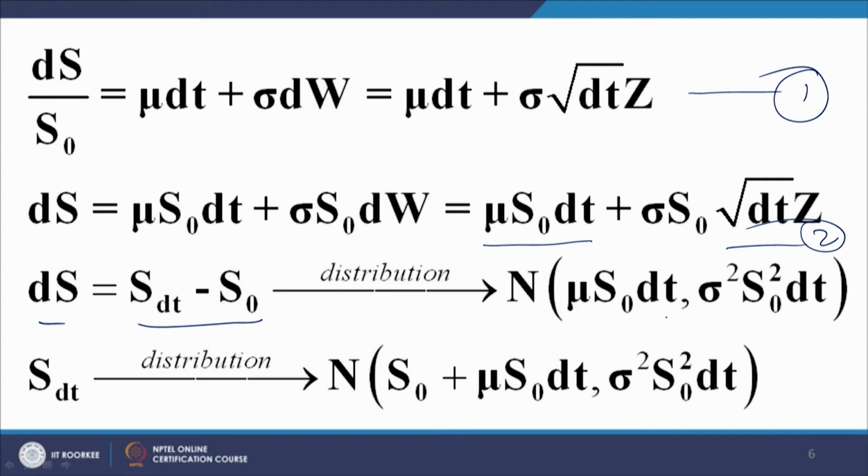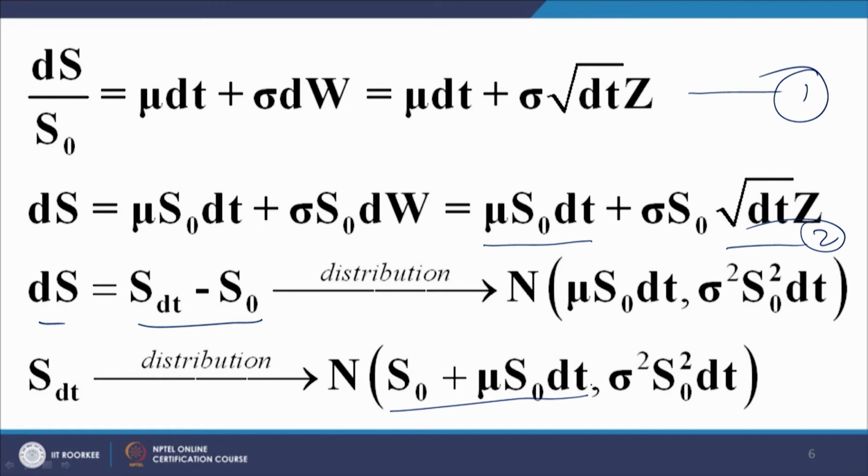In other words, because S naught is known to us, S naught is predetermined, we can say that the stock price at an infinitesimal time dt from now is normally distributed with a mean of S naught plus mu S naught dt and a variance of sigma square S naught square dt.